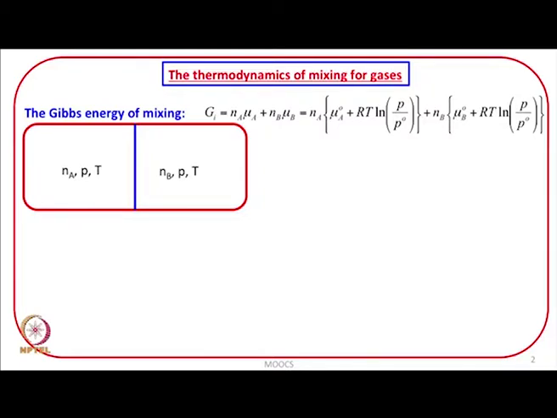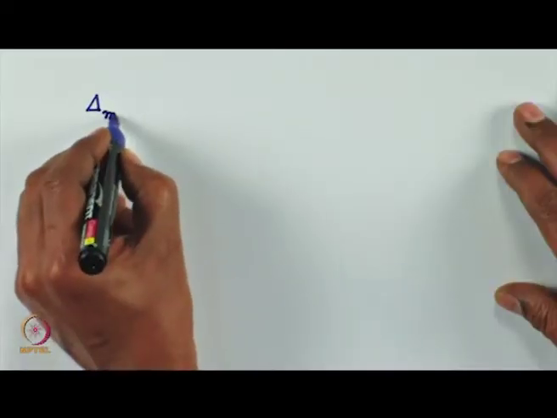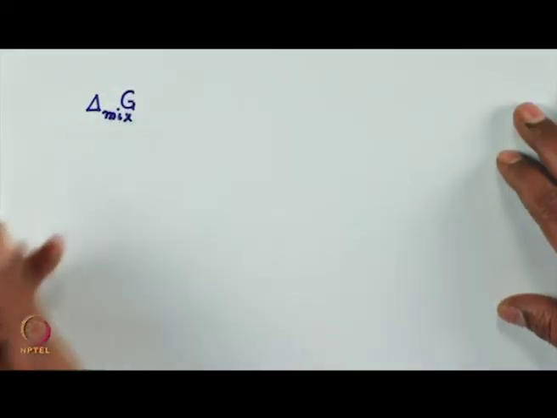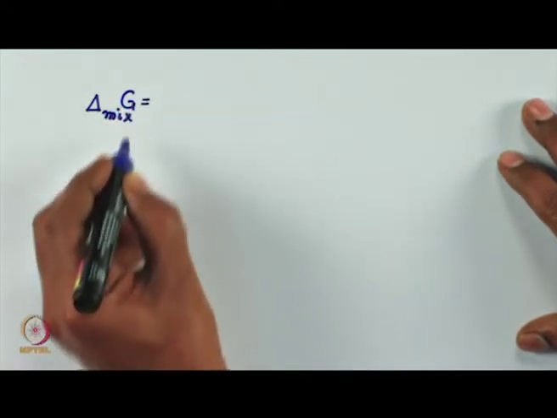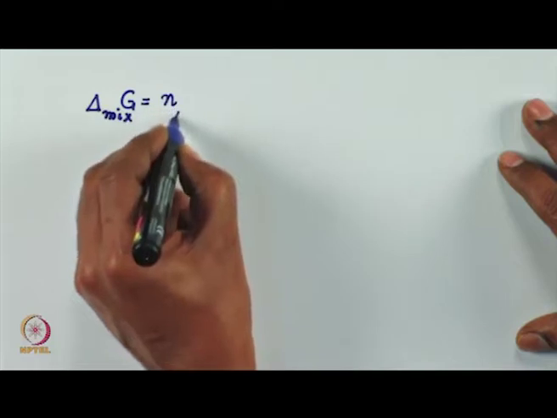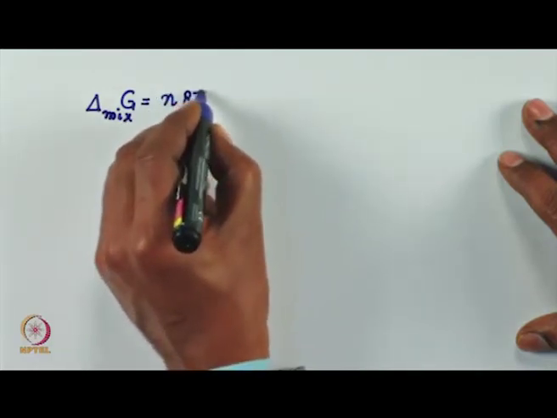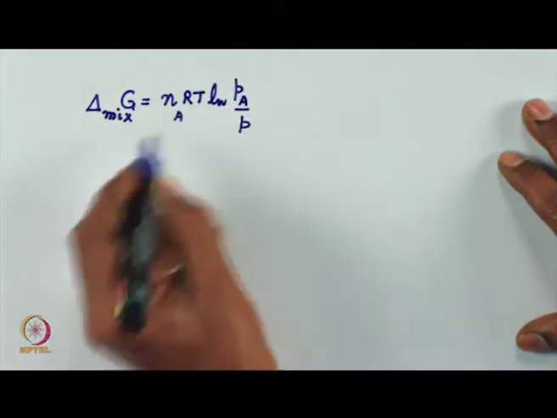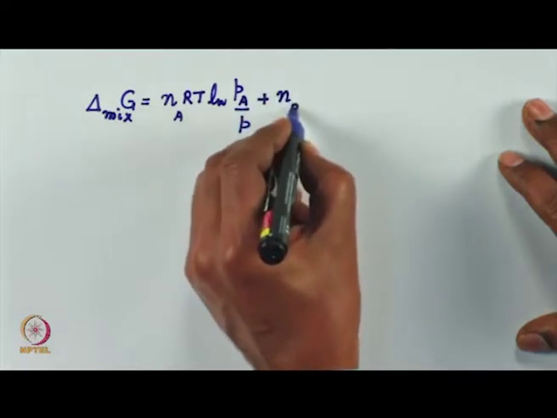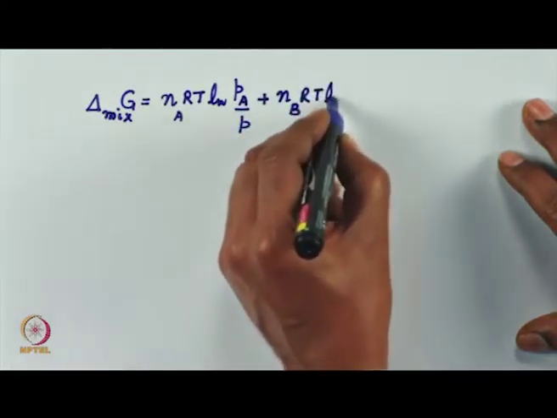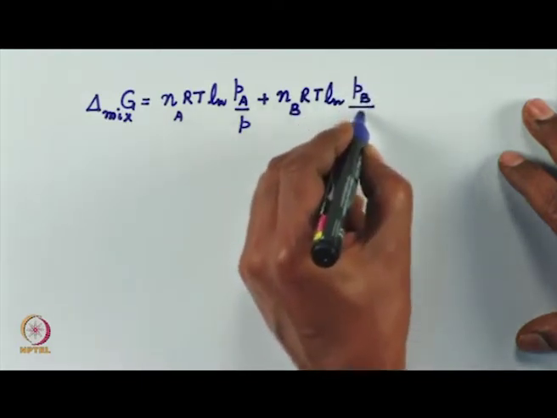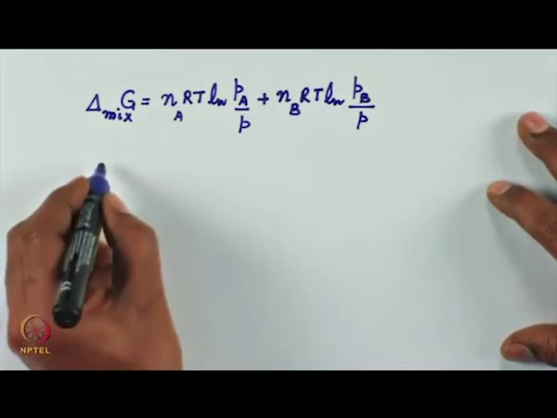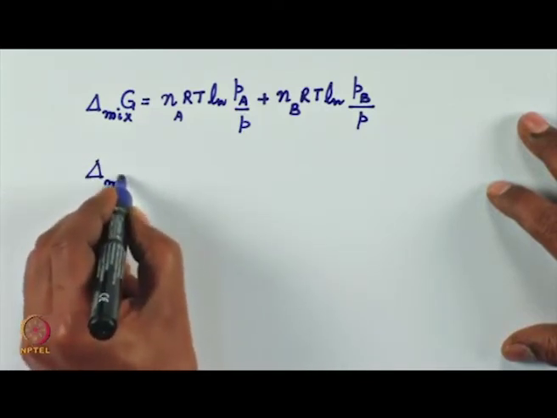So, what we have up to this point is that delta mixing G is equal to Na RT log Pa by P plus Nb RT log Pb by P. Let me further simplify it.